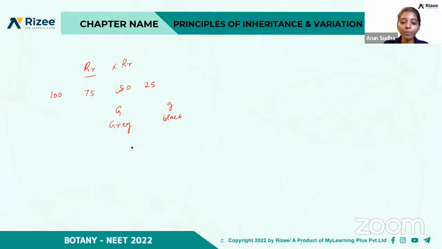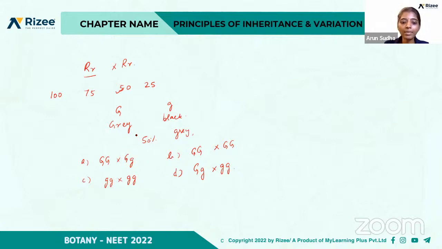In a litter, if 50% of the rabbits are gray, then the possible parental cross combination is: option A, GG into GG; B, homozygous dominant into homozygous dominant; C, homozygous recessive and homozygous recessive; and D, heterozygous with homozygous recessive. So what will be the correct option?